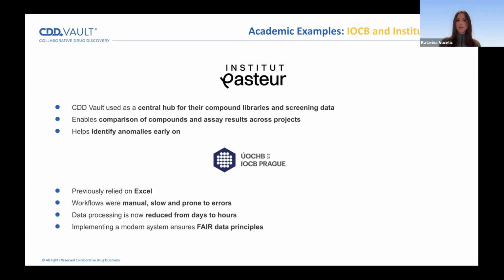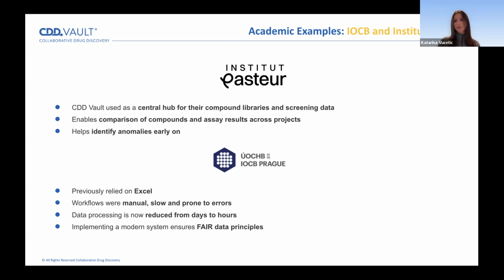IOCB, for example, used to use Excel to manage their data, which meant that their workflows were painful. That means they were manual, took a lot of time, and were prone to errors as well. But because they implemented modern tools, what took them days in managing their data now takes hours. So it saves them a lot of time.